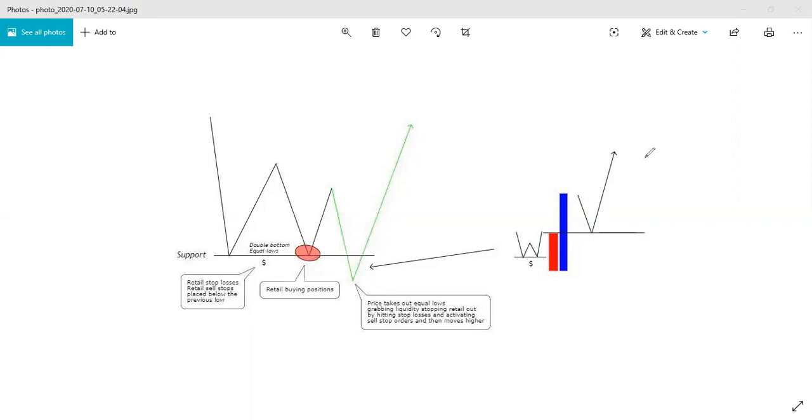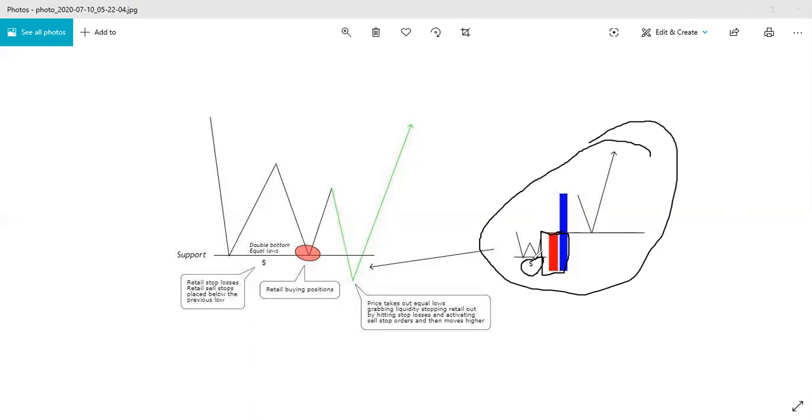So if we look at this diagram to the right here, we see this bearish wide range candle that spikes below liquidity, and then this impulse up.